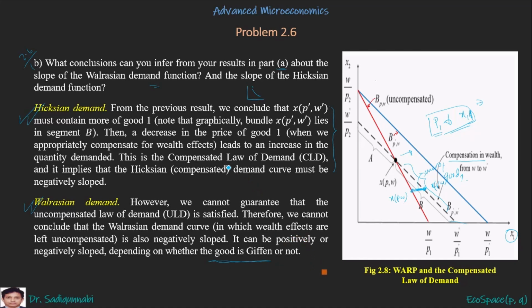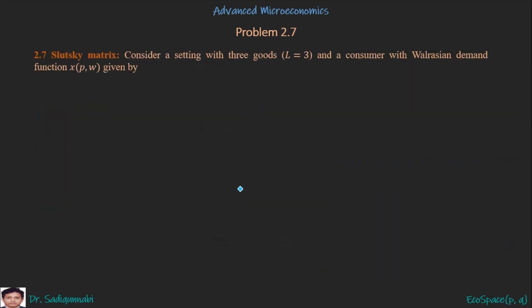Let's move to problem number 2.7, and it is about the Slutsky matrix. Now we consider three goods given by the Walrasian demand curve. X1 is P2 upon P3.